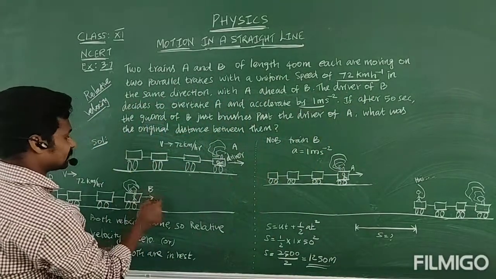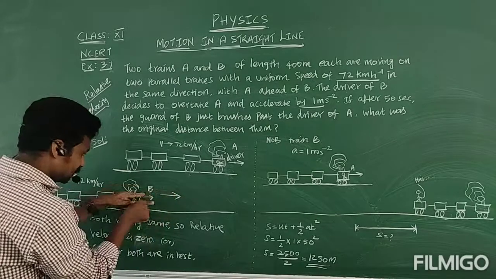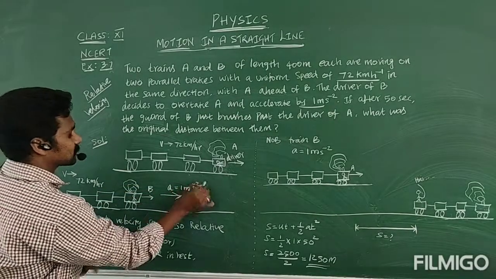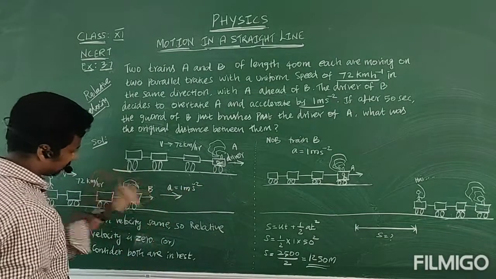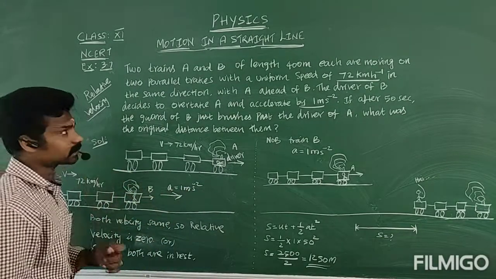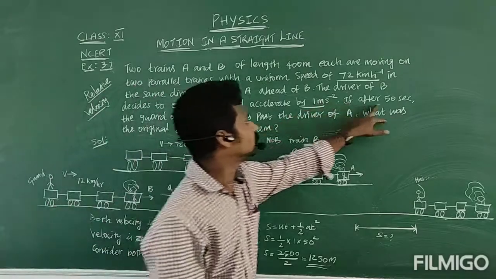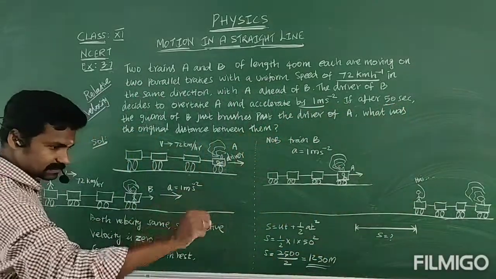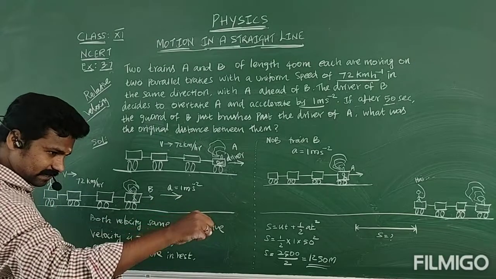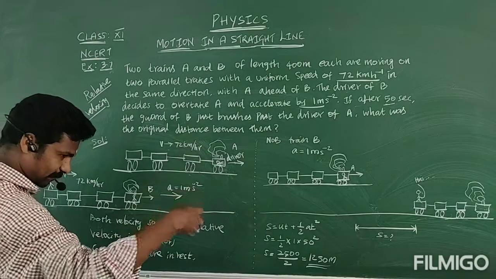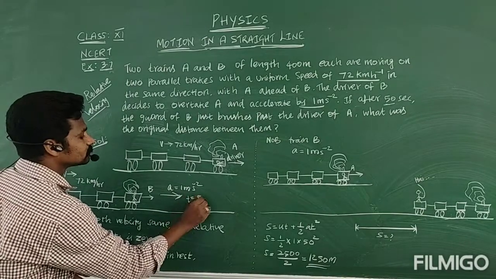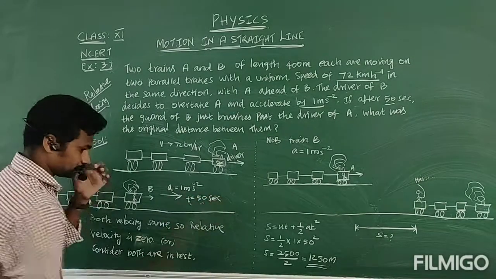For how long does he apply this acceleration? 50 seconds. He accelerates for 50 seconds with 1 meter per second square acceleration. So the time value is given as 50 seconds.